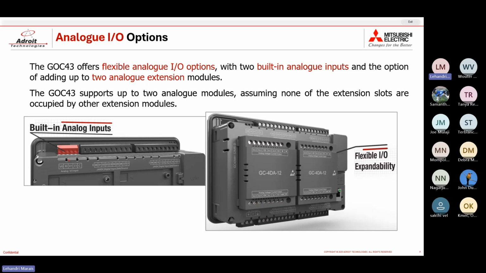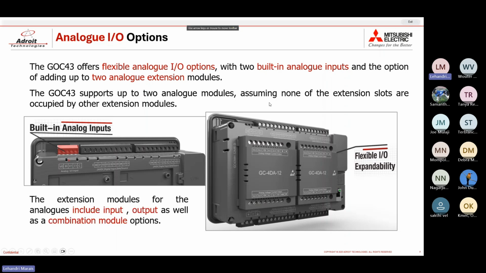That is something you need to keep in mind when you want to use analog extension modules. Your analog extension modules can include inputs, outputs, as well as a combination module.